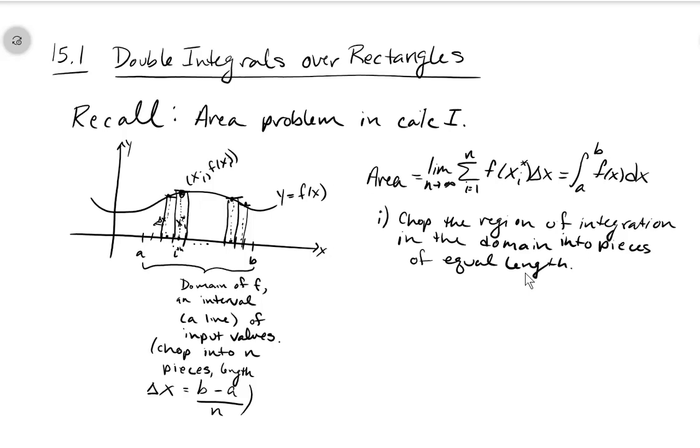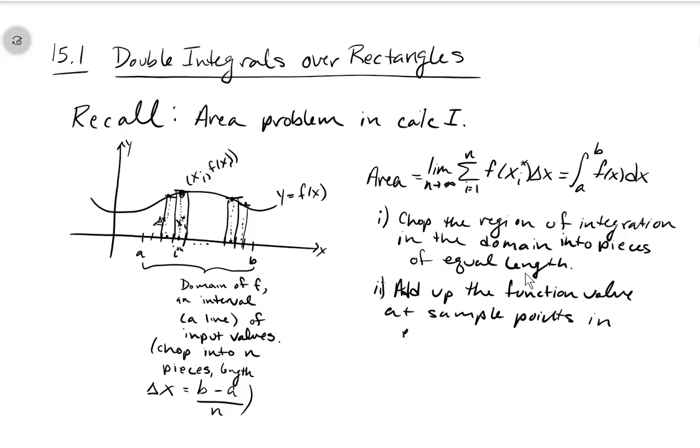Next thing we did was we add up the function value at sample points in each division, in each piece. Right, so that's our f of xi star.